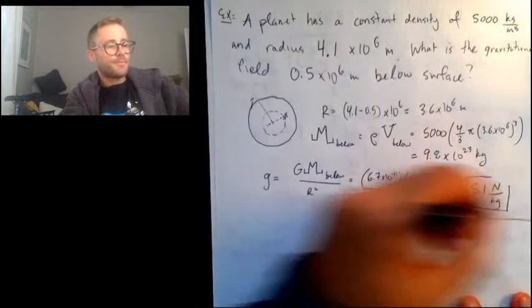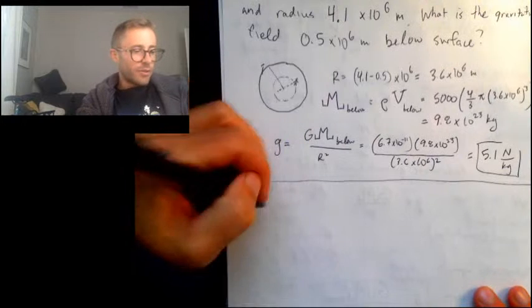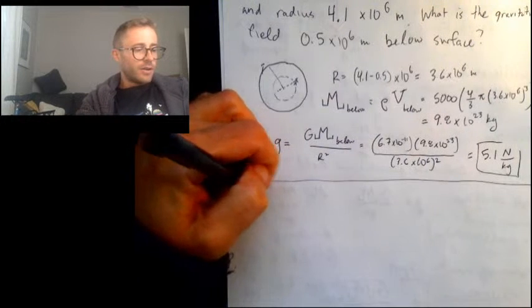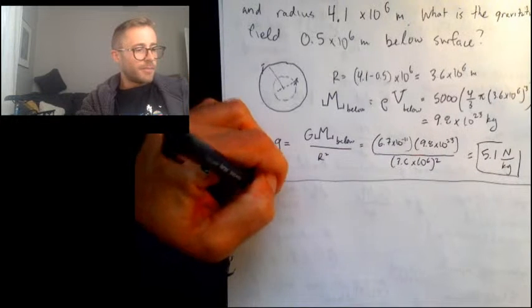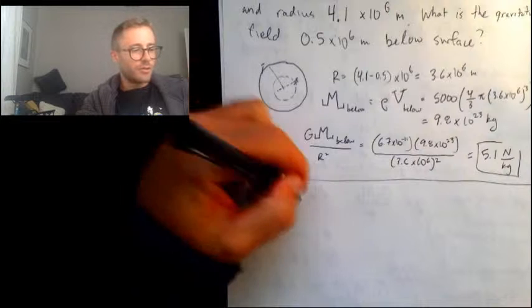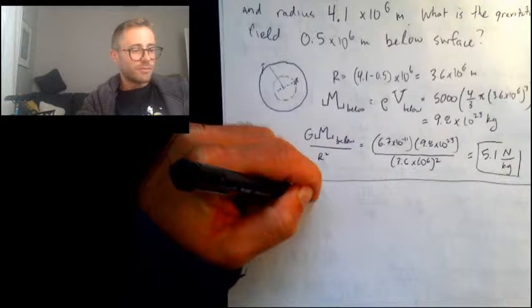Okay. So for our second way of, or I guess our third way of calculating the gravitational field, what if you have a two-dimensional array of masses?